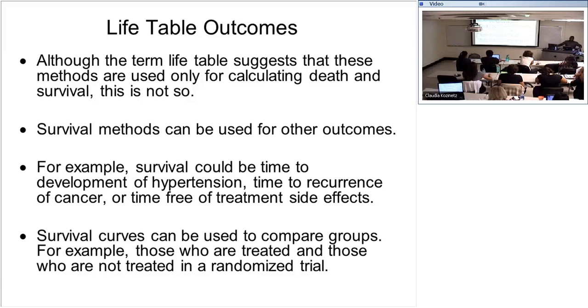But what are the issues with the use of the median survival time? The same as the issues with the use of the median. So what are the issues? Outliers.